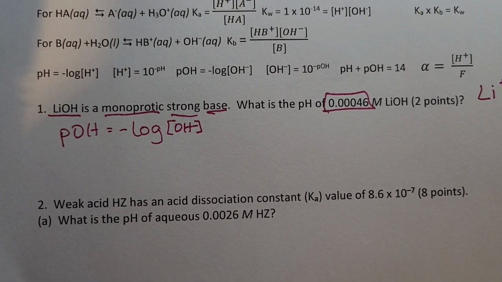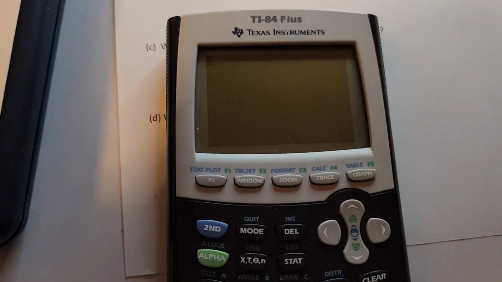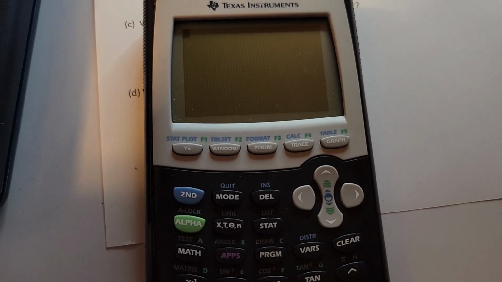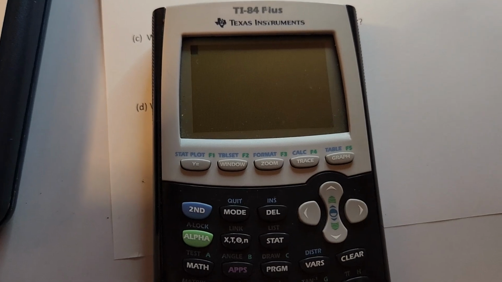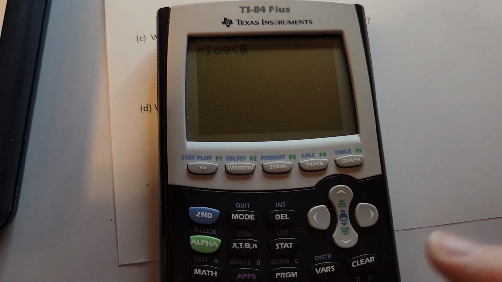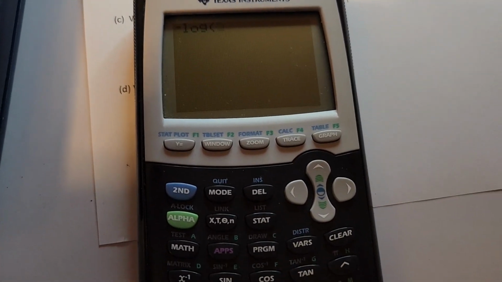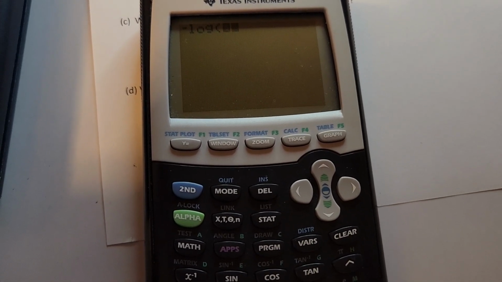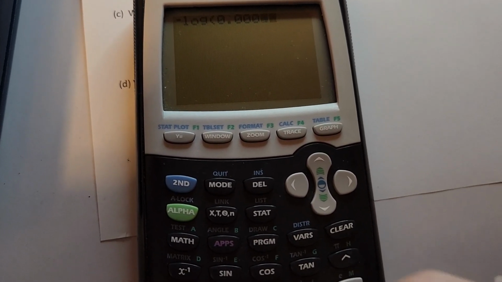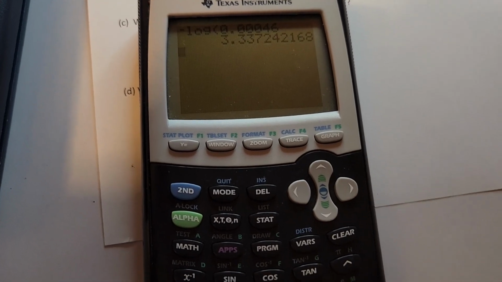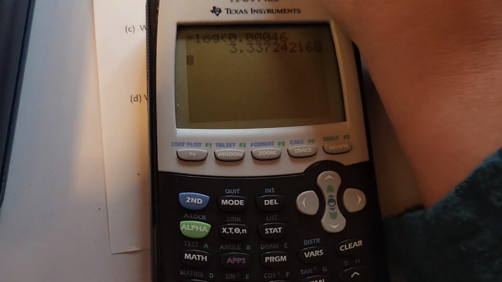And I'm going to grab my calculator and we're going to plug it in. All right, the calculator has been found. So we're going to do negative log of our hydroxide, which is 0.00046, enter, and that's going to give us our pOH.